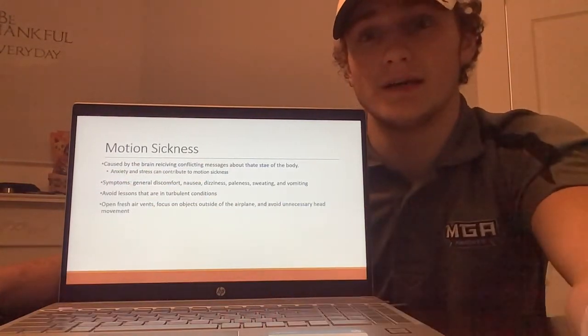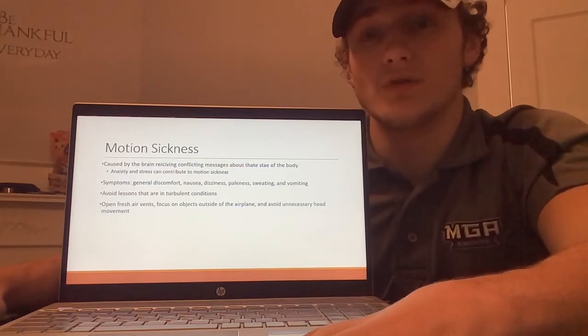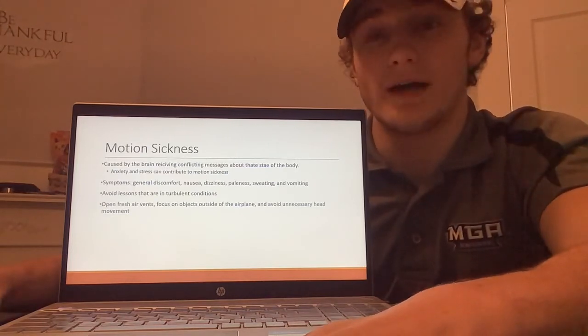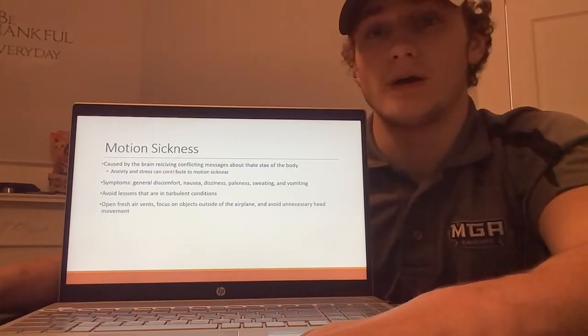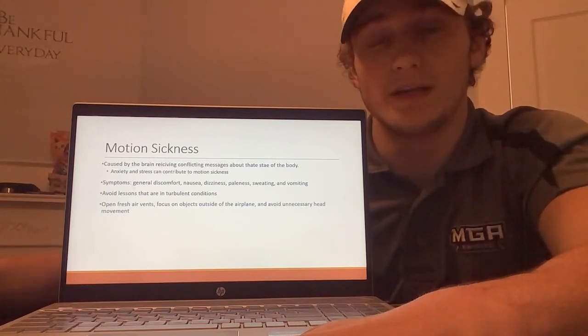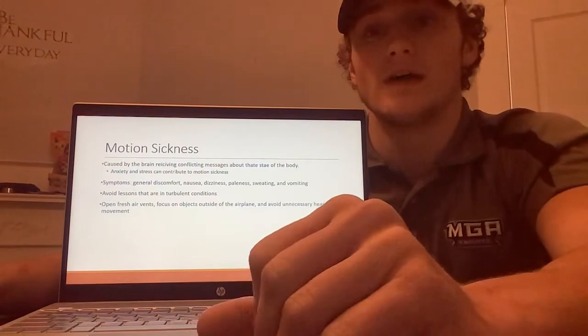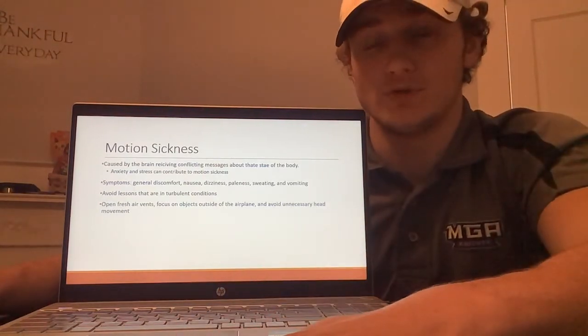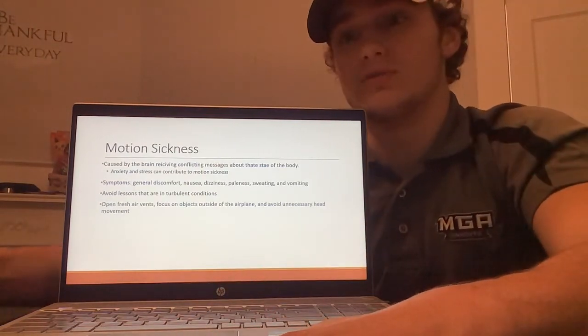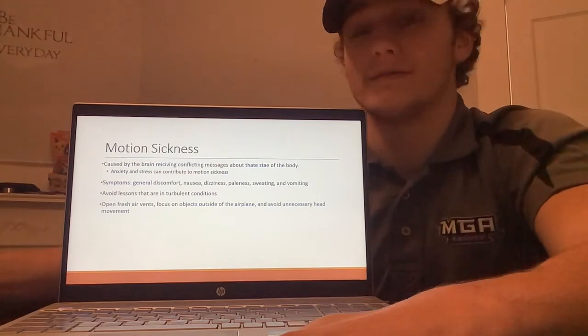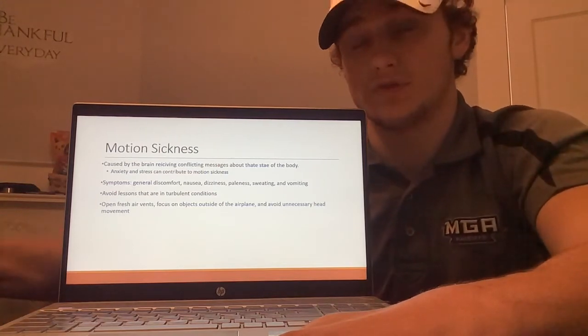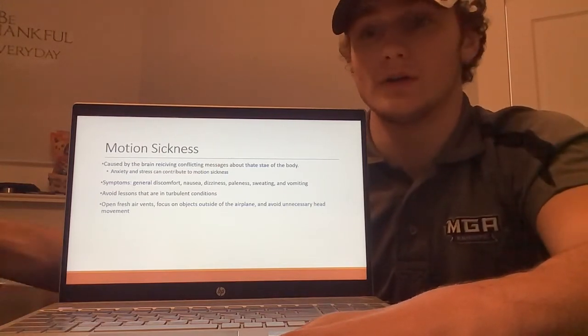Everybody can be affected by motion sickness, especially newer pilots. If you were training a newer pilot, you wouldn't want to go up in turbulent air, which would increase motion sickness, and you'd want to start with shorter intervals of training. As they get more used to the motion of the aircraft, increase the training periods.